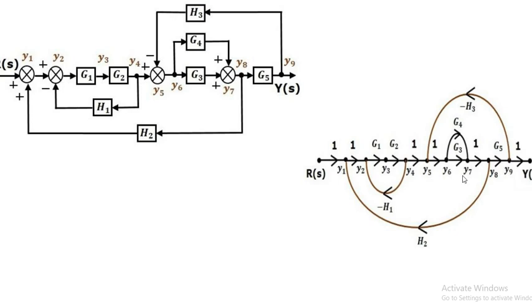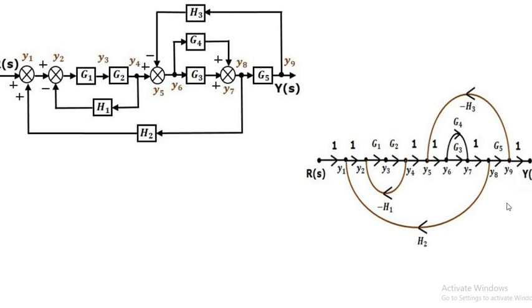Okay, so previously we have seen how to simplify this block diagram and find the transfer function of the system. Similarly, what we have to do is just convert this block diagram into the signal flow graph, and with the help of the signal flow graph different types of equations we have to derive, and we have to find again the gain.